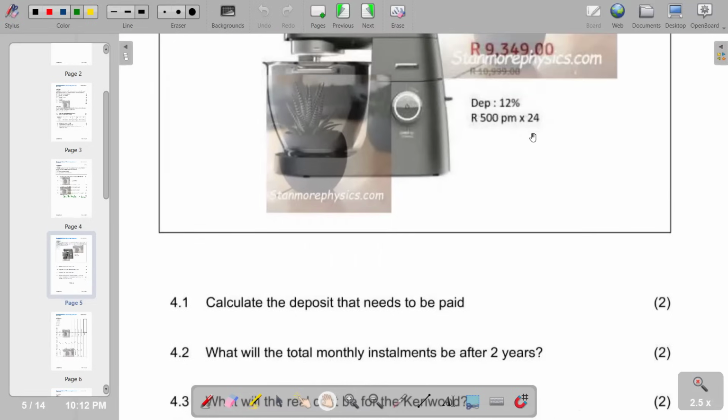So the deposit, of course, is 12%, as indicated on this part. So it's going to be 12%, which is 12 over 100, and then we multiply by the amount, which is 9,349 rands. So we calculate it to see what we get there.